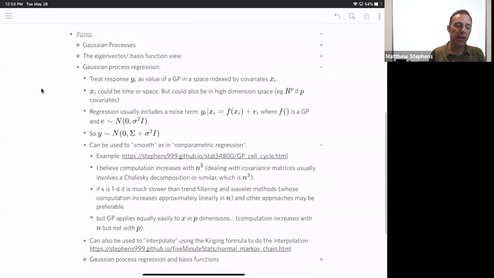So the basic idea is that you can think of the y_i, a response in a regression, depending on covariates x_i, as y_i having some mean f(x_i) that depends on the covariates x_i, and we're going to model f as a Gaussian process.